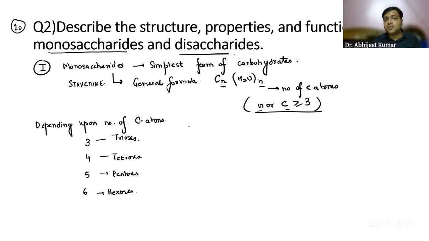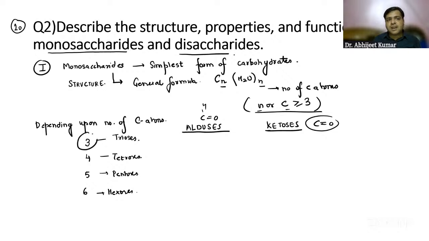Basically, I've already told you these carbohydrates are aldehydes. So the aldehyde derivative is called aldose, and the keto derivative is called ketose. If the aldehyde group CHO is there, it is an aldose, and with the keto group, C double bond O, it is a ketose.